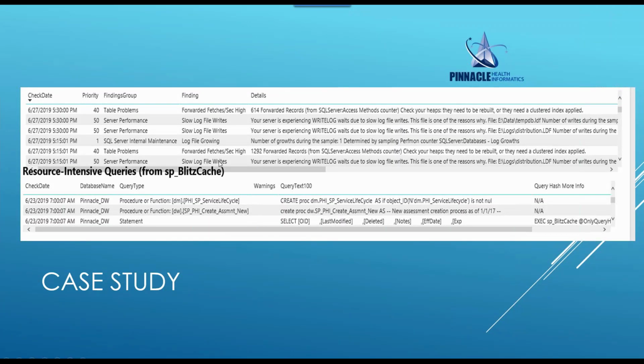Another section of that Power BI dashboard is this section here, and these are some details. It has a resource intensive query on the bottom, and then on the top section it has kind of a summary for each time the stored procedure runs. And you can see here there's a lot of problems. Your server is experiencing write log waits here on the second line due to slow log file writes. This is one of the reasons why.